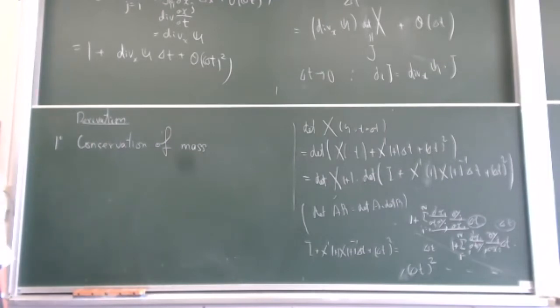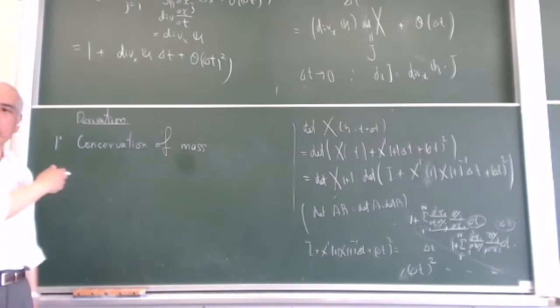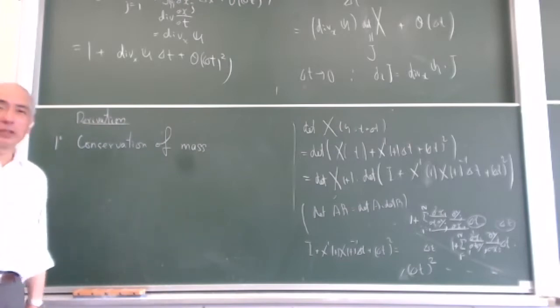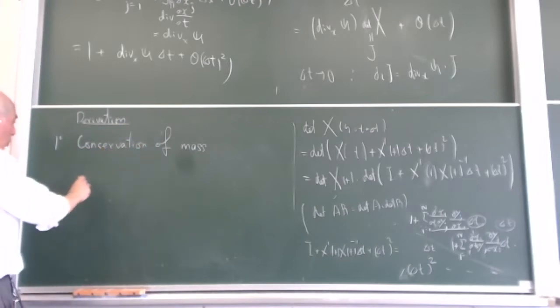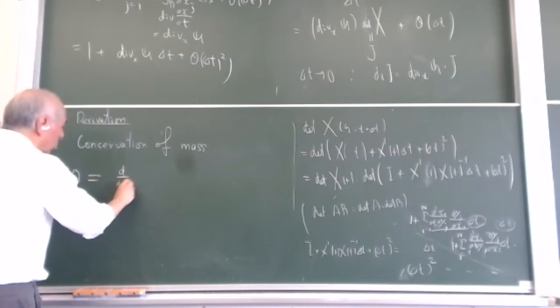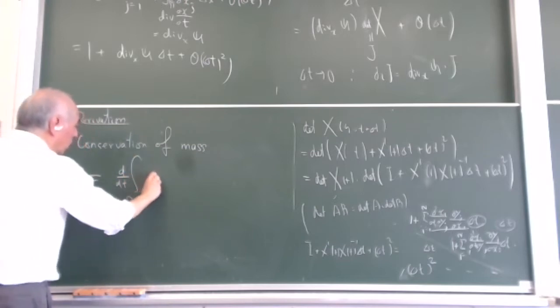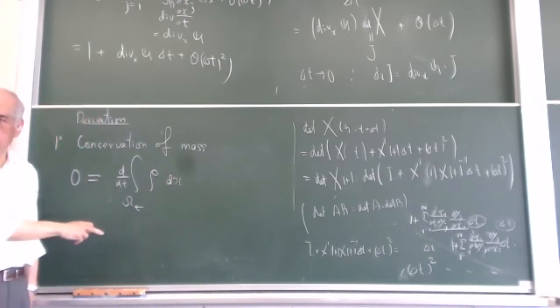Okay, so the conservation of mass is, of course, d over dt of the integral over omega t of rho is equal to 0. This is the conservation of mass.